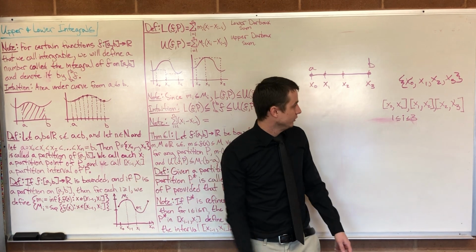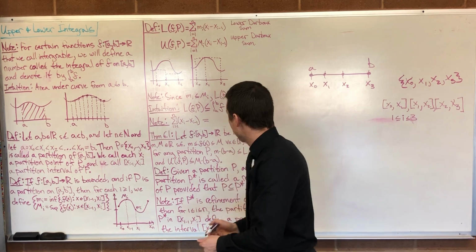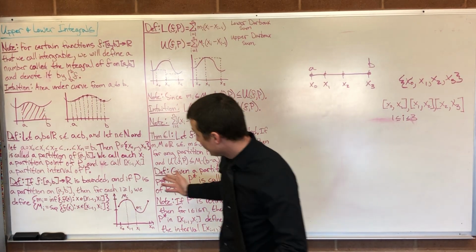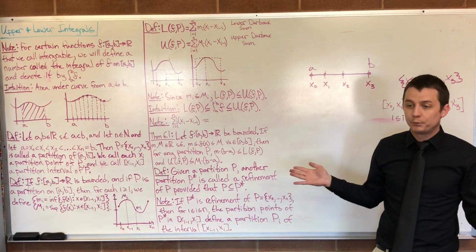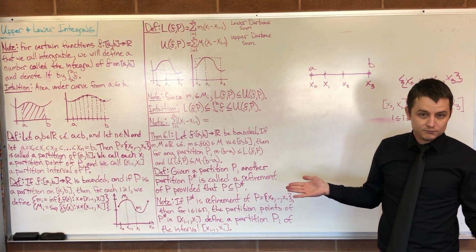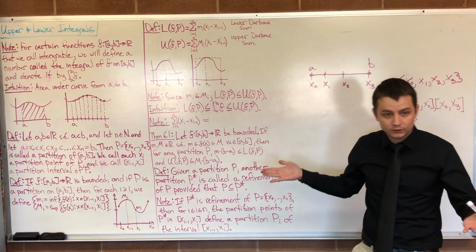That's why there's that restriction, because there's one more partition point. Okay. So any questions so far on what a partition is or what a partition interval is? Pretty straightforward?